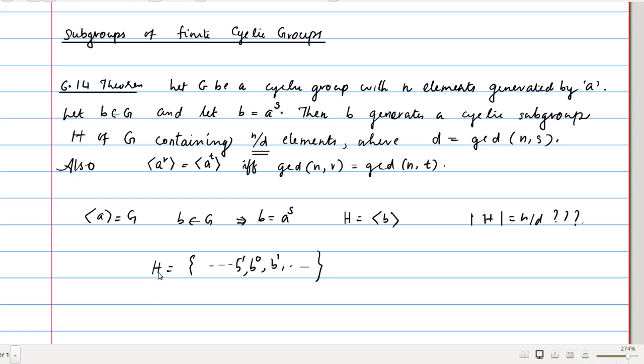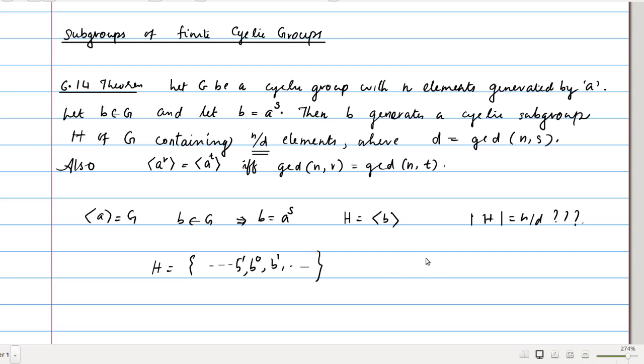So how will you get the number of elements of H? That is the point. For that we need to observe the least positive integer m such that B raised to m is equal to the identity. That is the meaning of the statement that H has as many elements as the smallest positive power m of B that gives the identity.